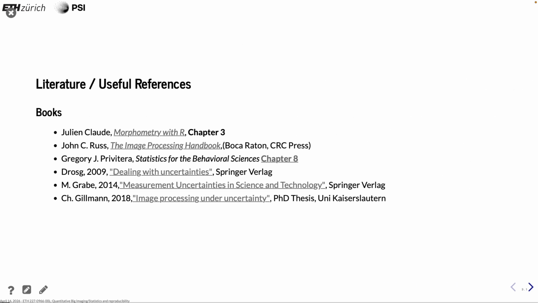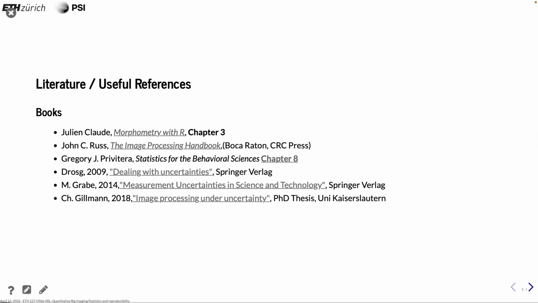There is, again, quite a list of books that you can read if you enjoy it. There are some new books, for example here, some on statistics and measurement uncertainties. And before the lecture I actually mentioned this book, Image Processing Under Uncertainty.